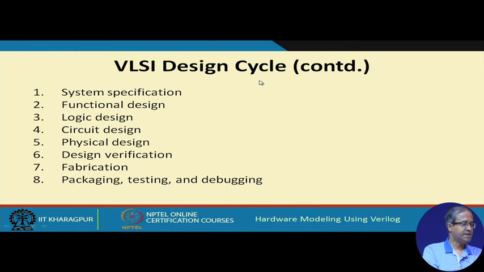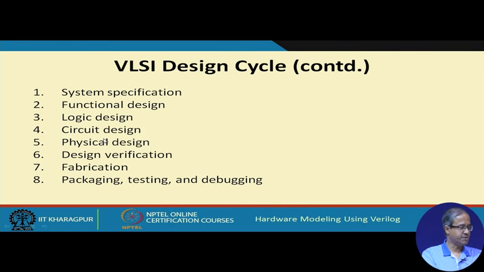Talking about the VLSI design cycle, here I am showing you a slightly more detailed stepwise breakup. Starting from the system specification, you can go to functional design, which is the register transfer level design, logic design, gates, flip flops, circuit design in terms of transistors, physical design.